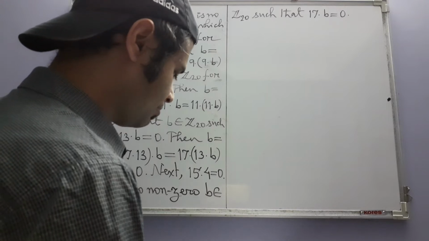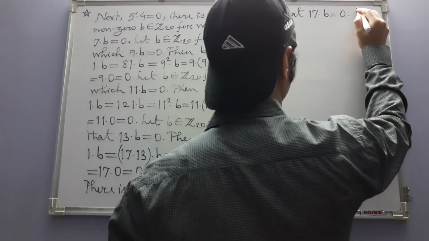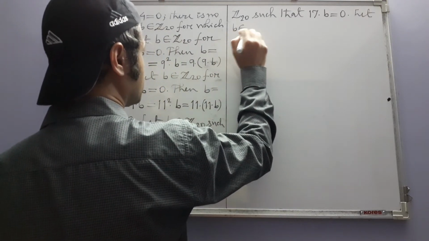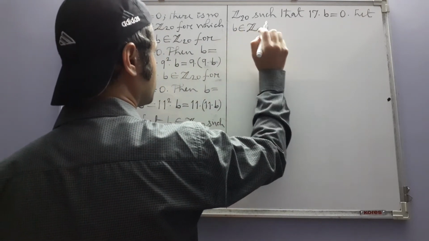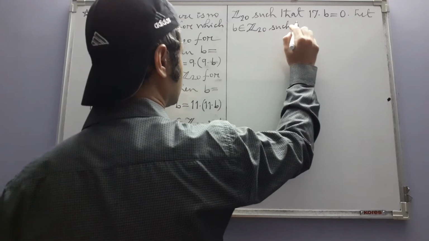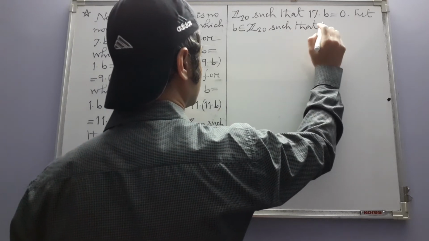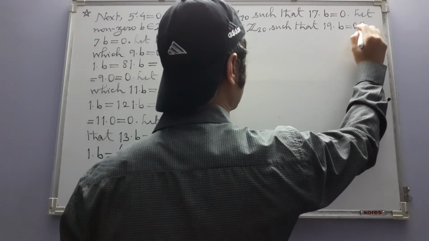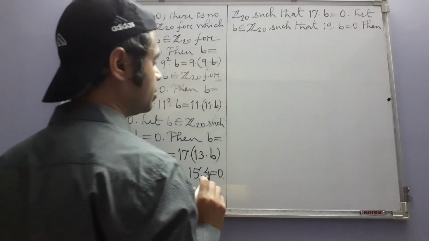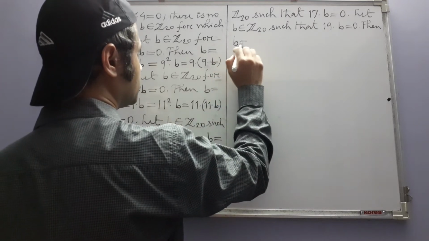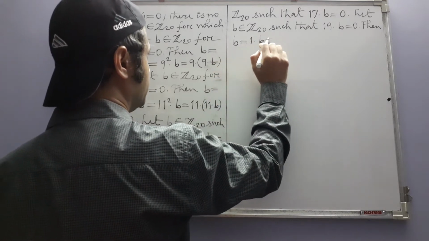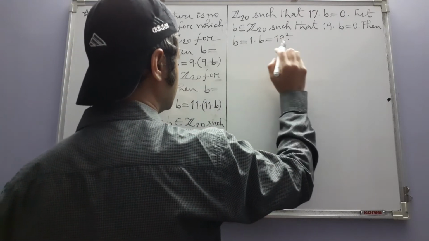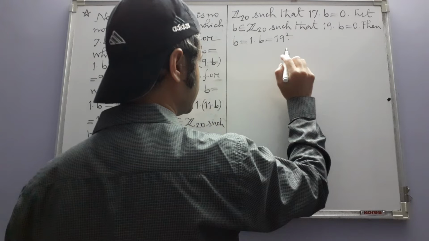And finally we have 19. Then b is 1 times b, and please verify that in C20, 1 is equal to 19 square.